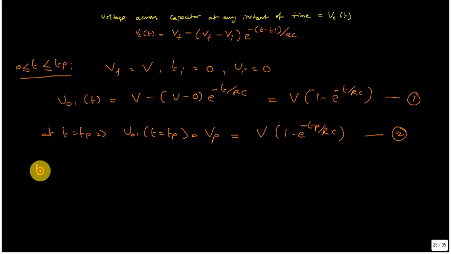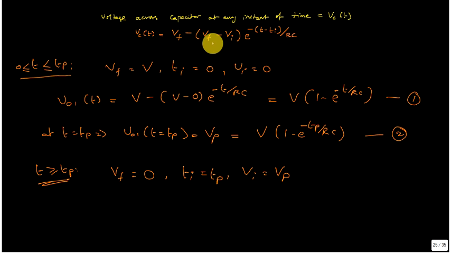Third equation, that is for the duration t greater than or equal to Tp. Again we go with the final value, initial time and initial voltage of the capacitor. At t equal to Tp, the voltage we are applying is 0 volts, and the initial time at which 0 volts is applied is Tp. The voltage across the capacitor at t equal to Tp is Vp. Substitute these values in the general equation.